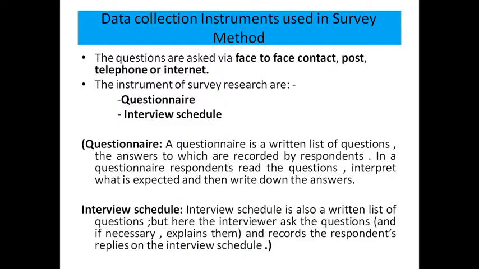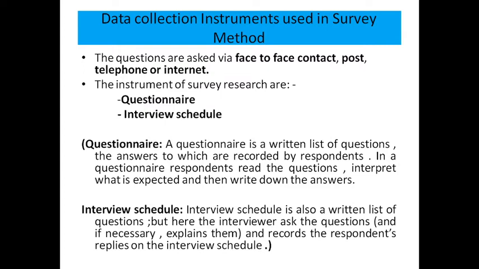Data collection instruments used in survey method. In survey method, questions are asked via face-to-face contact, post, telephone, or internet. The instruments which are used for survey research are questionnaire and interview schedule. A questionnaire is a written list of questions, the answers to which are recorded by respondents.